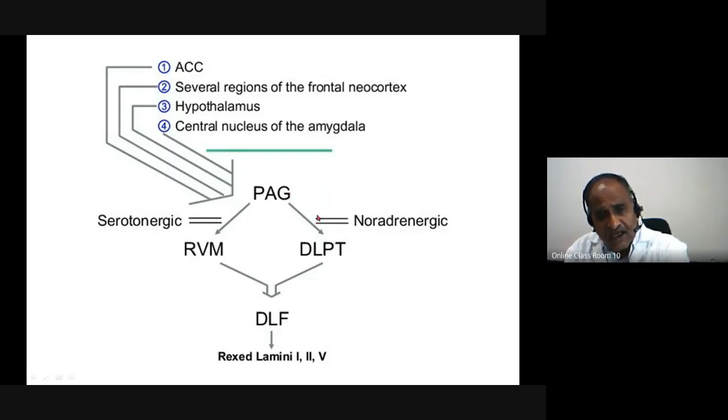On the other side, through the locus coeruleus and the noradrenergic pathway, DLPT, they descend down the reticulospinal tract, releasing norepinephrine here and serotonin here, to excite the large diameter neuron, which inhibits the pain or closes the gate.